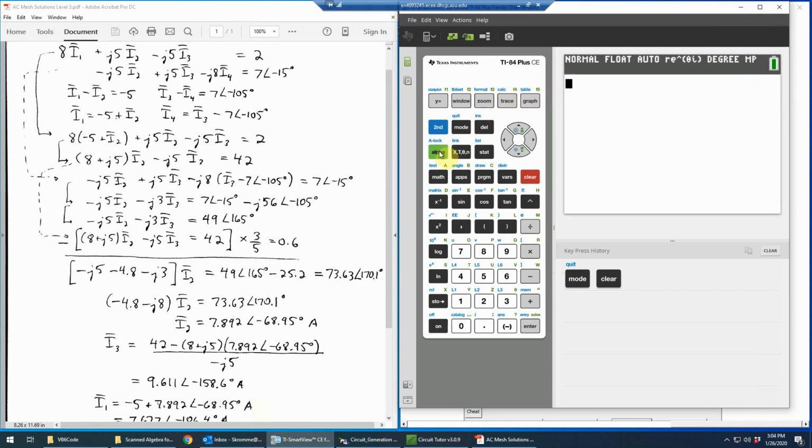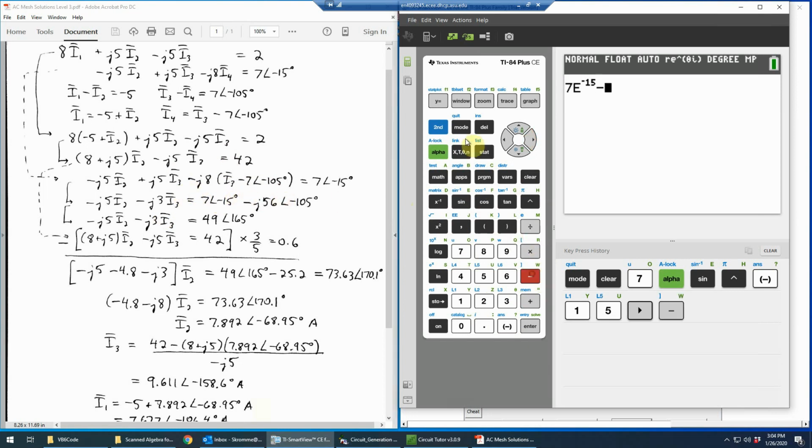So I've already defined that, as I do in the complex number video that you can look at. So let's do the computation then. We had the 7 angle minus 15 degrees, so I'm going to have 7, take that e, raise it to the power, and that's very important to raise it to the power, negative 15, and that was this part, minus j56.